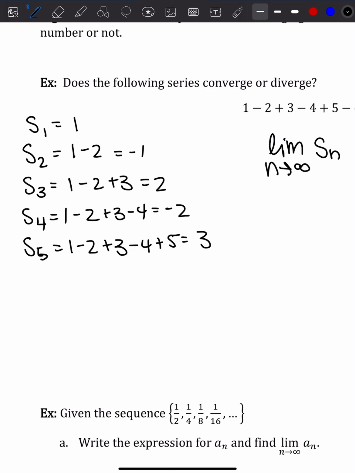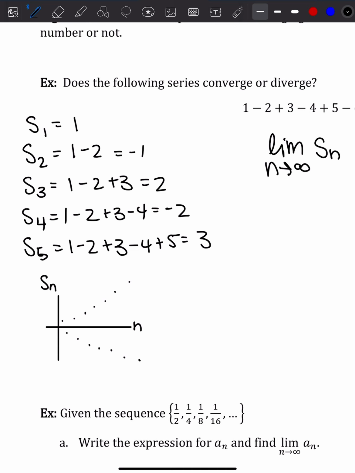So if we were to think about this as a graph, where this is n and this is the value of S sub n, we're starting at 1, then we go to negative 1, 2, negative 2, 3, negative 3, and it's going to keep doing this.